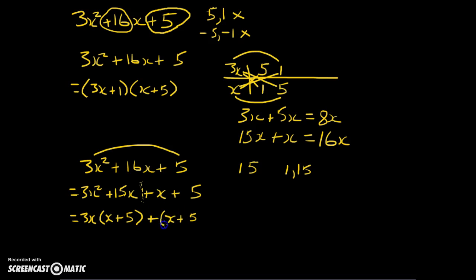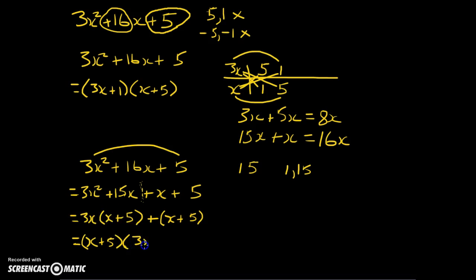Now I'm just going to put this in brackets to make it a little bit easier to see what we're doing in the next stage. So looking at this expression now, we're going to look at this term and this term. What's the common factor? Well, the common factor is x plus 5. So x plus 5 multiplied by what gives us this?